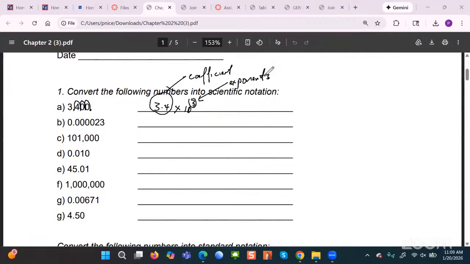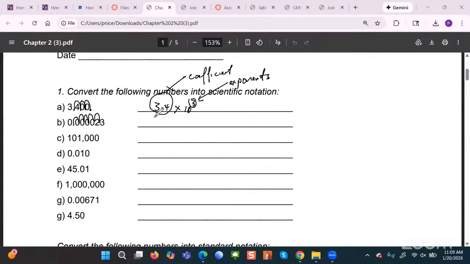Now for the second part, things are a bit different because in this case, the decimal point is here. That means you have to move it several places to the right until you get it to the immediate right of the first non-zero digit, which would be the 2. So you move the decimal point 1, 2, 3, 4, 5.